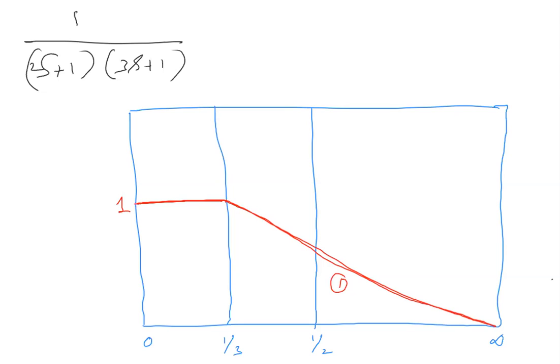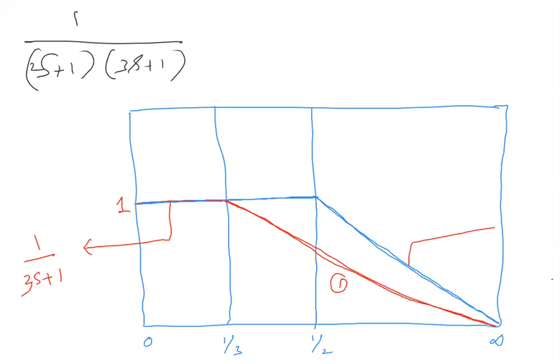So this is 1 by 2s plus 1. If you combine these two, what is the overall amplitude ratio?